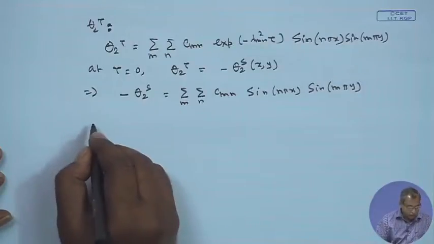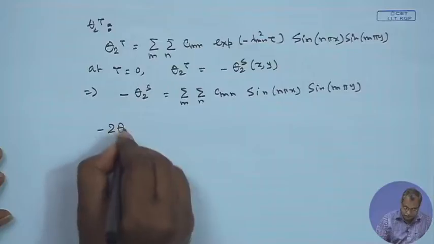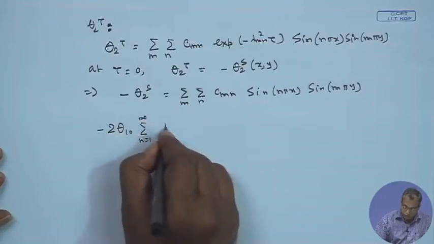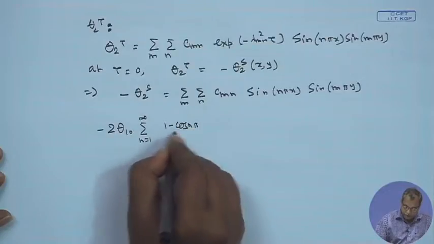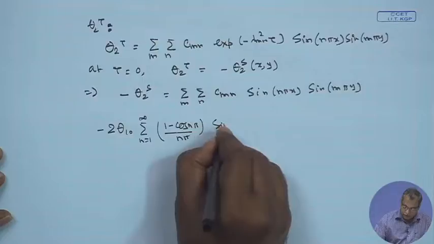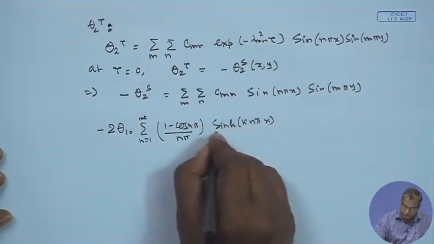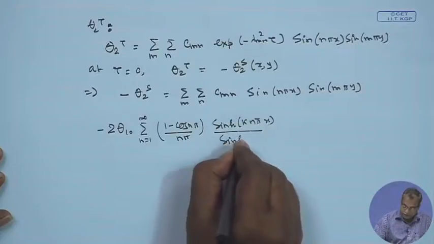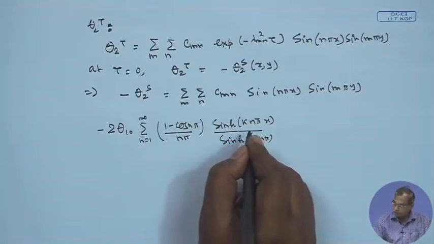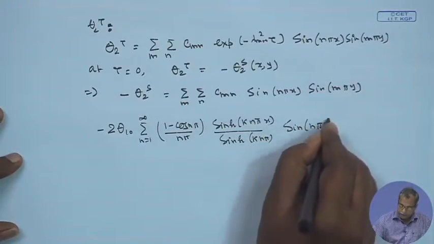What is the solution of theta 2s? Theta 2s is minus 2 theta 1 naught, summation n equal to 1 to infinity, (1 minus cosine n pi) divided by n pi, sinh(k n pi x) divided by sinh(k n pi), sin n pi y.